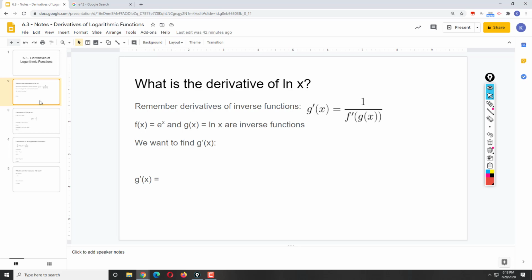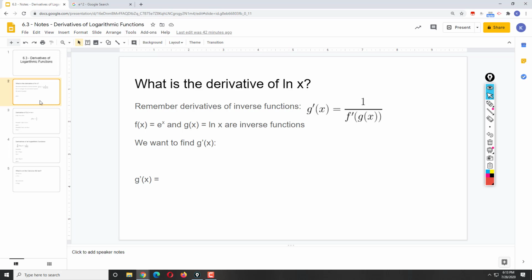Because e to the x and ln x are inverse functions, we can use what we know about the derivatives of inverse functions to figure this out. Remember that if f and g are inverse, then g prime is equal to 1 over f prime of g of x. So let's let f be e to the x and g be ln x.